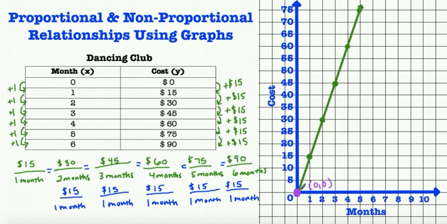So here we start at 0, 0 and we're increasing at the same rate at a time. So $15 per month, $15 per month, $15 per month, and so on.